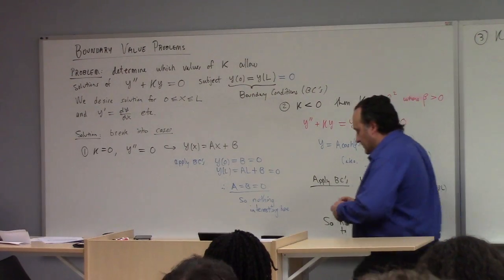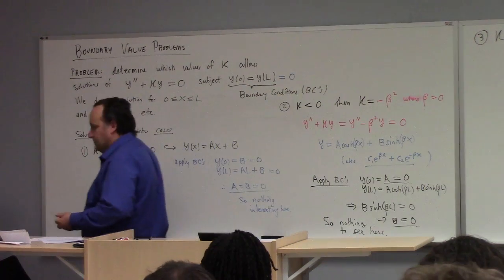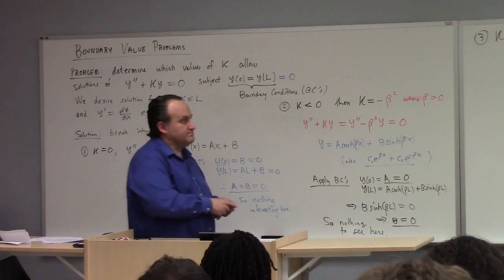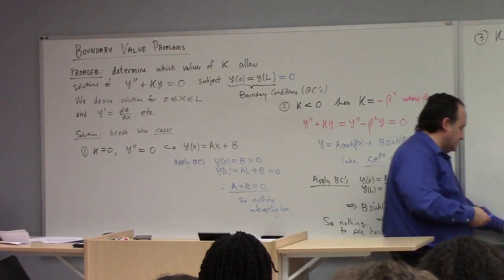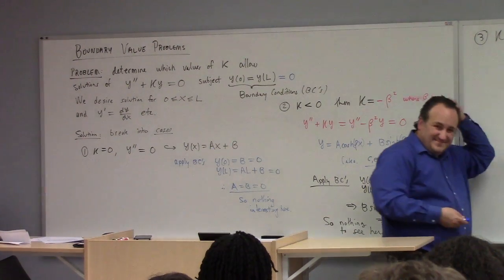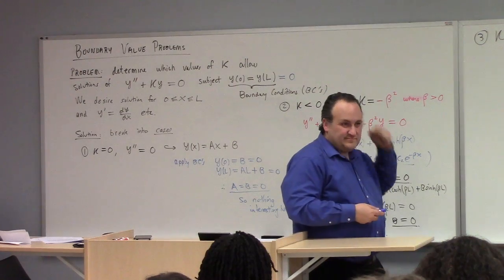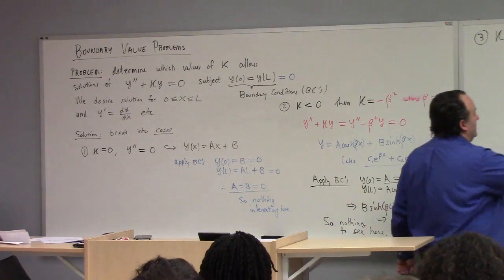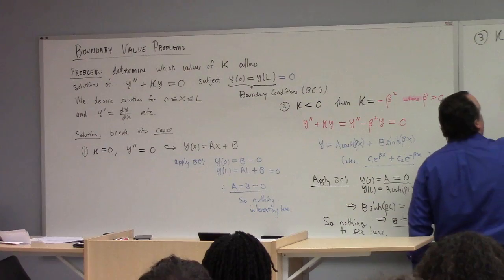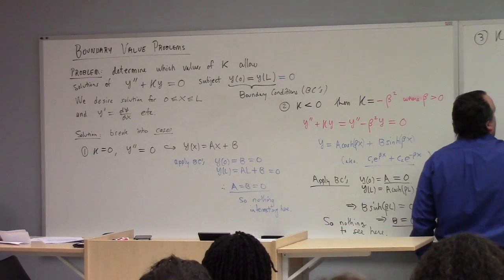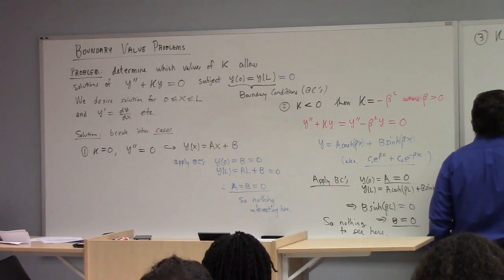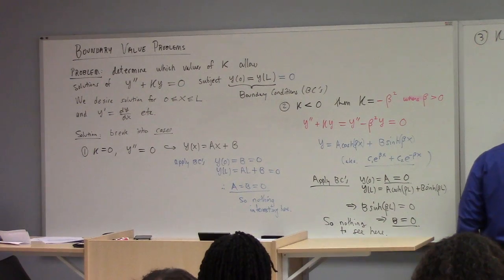What is the solution to that differential equation? The solution to this is simply y is a cosine beta x plus b sine beta x.